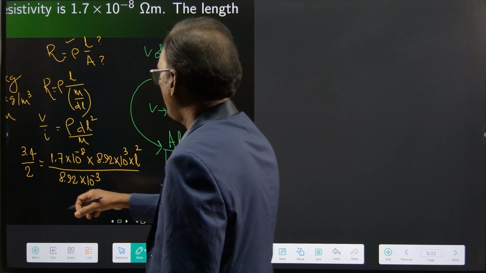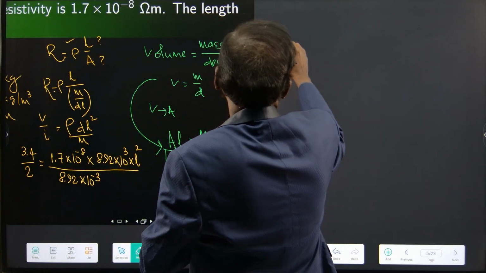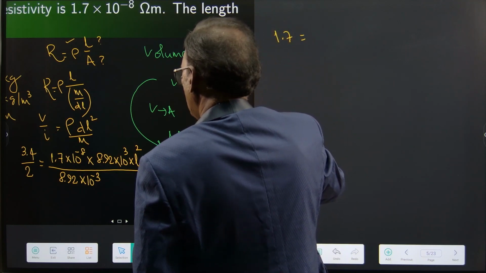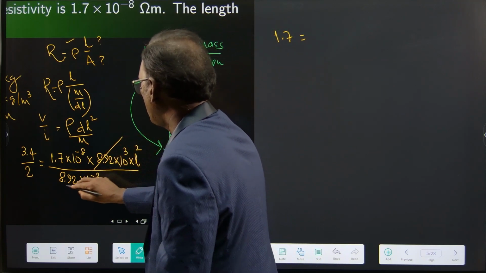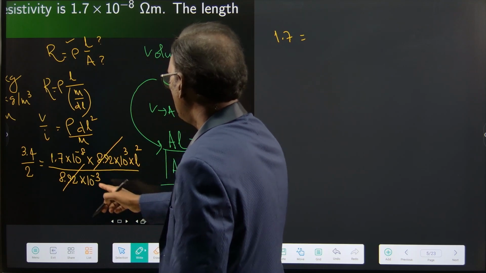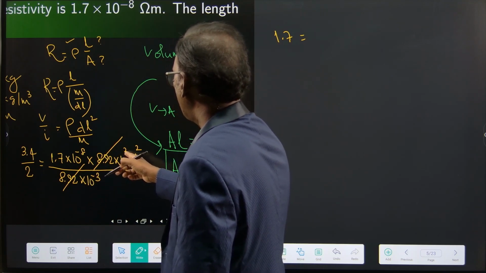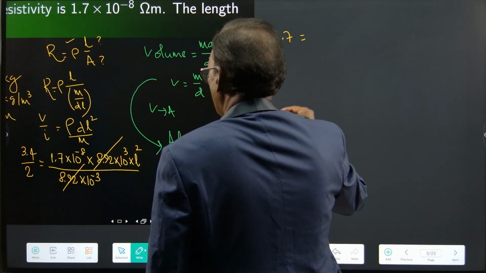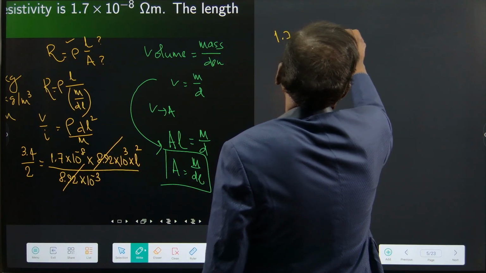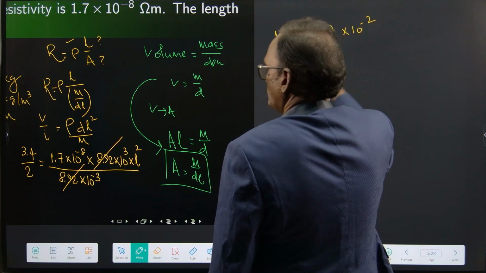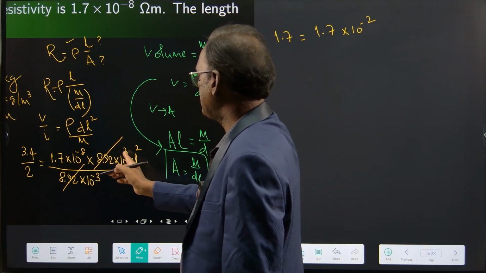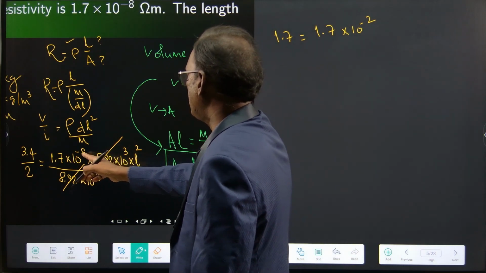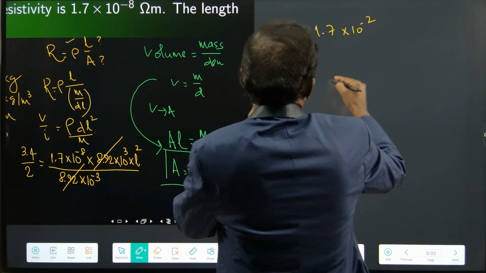This 3.4 by 2 is 1.7. The 8.92 and 8.92 can be removed. Minus 3 will become plus 3, so 6. 8 minus 6 is minus 2. So this is 1.7 into 10 power minus 2 into L square.